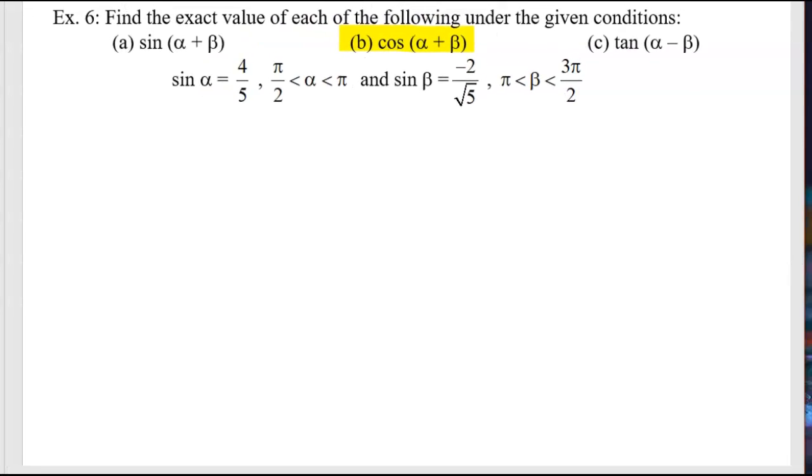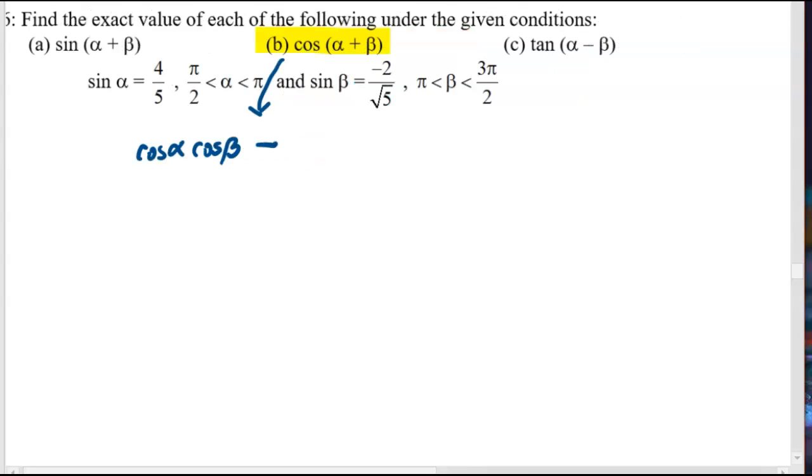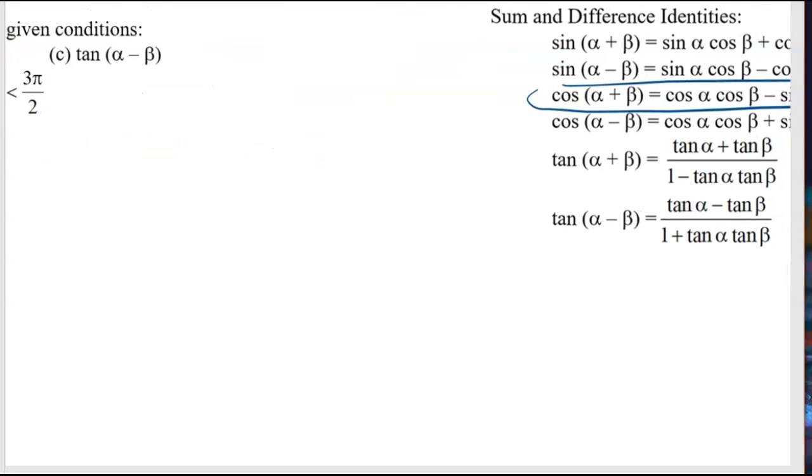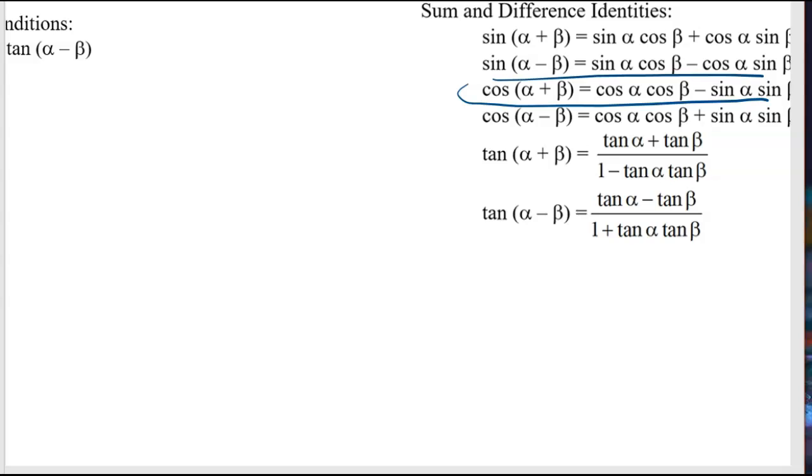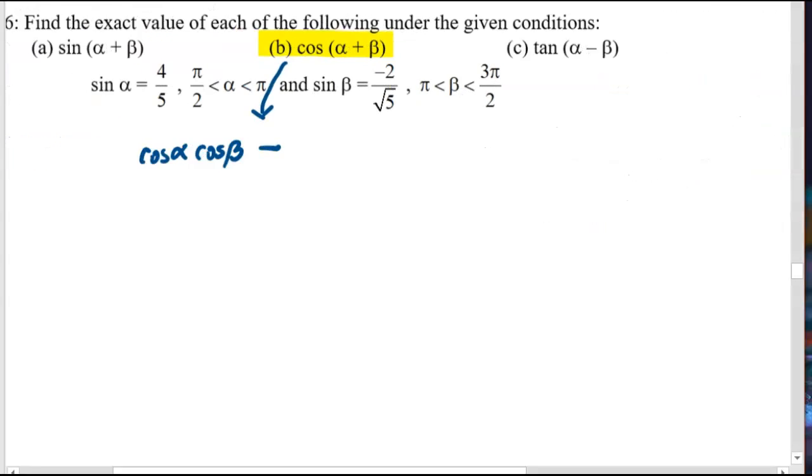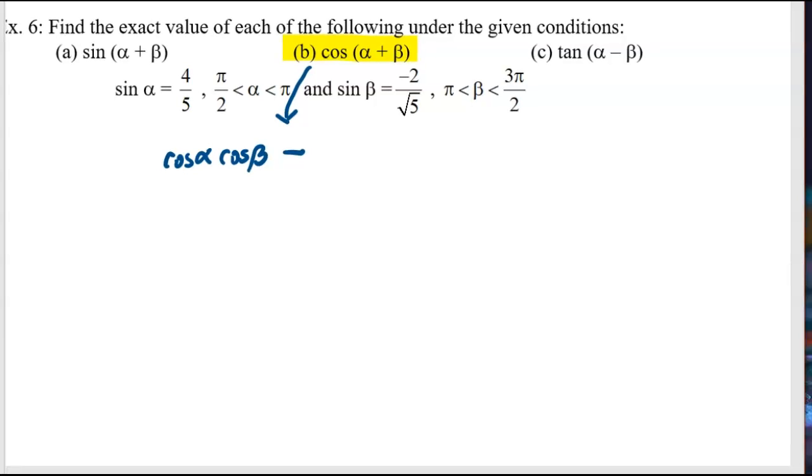So that takes us to cosine of alpha times cosine of beta minus, so we have the minus. For cosine, the sum and difference formulas, the sign changes. So for a sum, it becomes subtraction, sine of alpha, sine of beta.